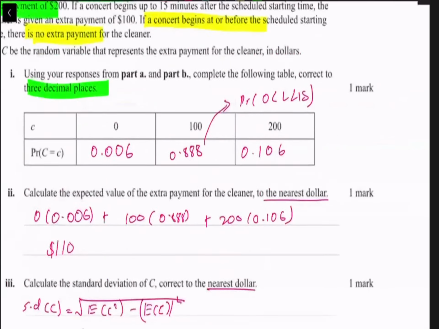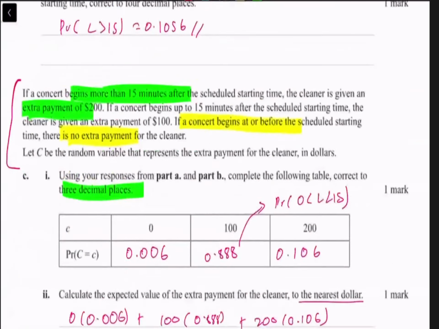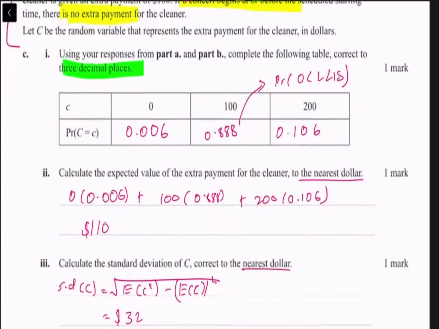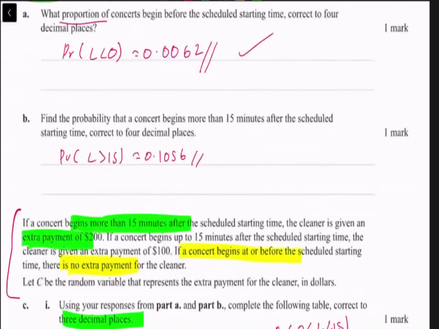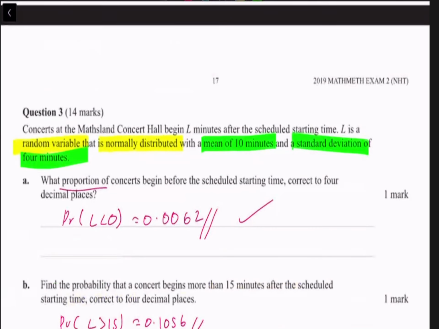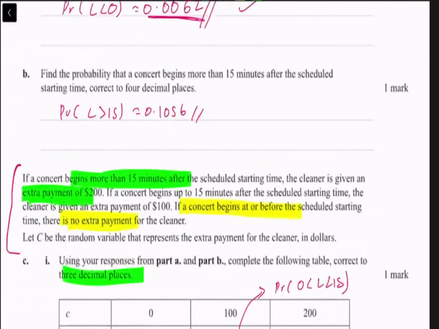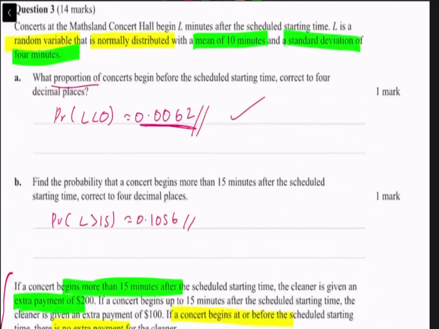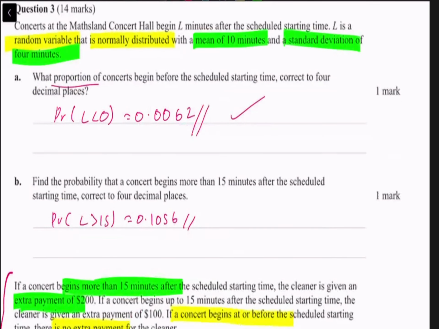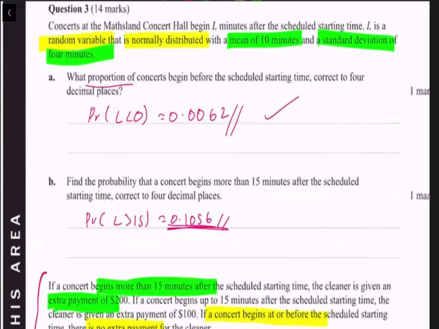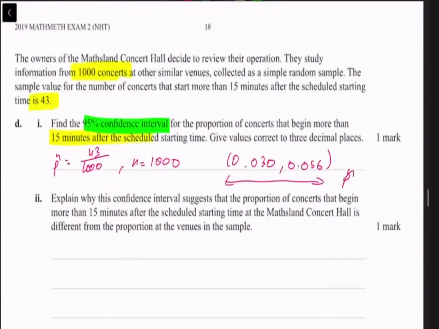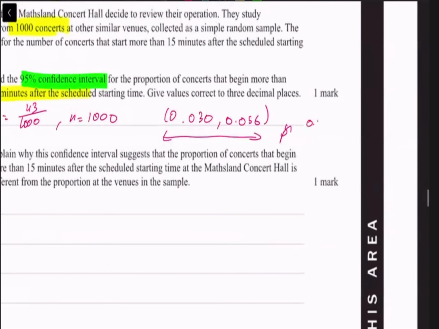But our value for Maxima concert hall is, where is it? 0.62... wait a second, oh no, that's the wrong one. It's this one, 0.1056. So you can see that 0.1056 does not fit here.